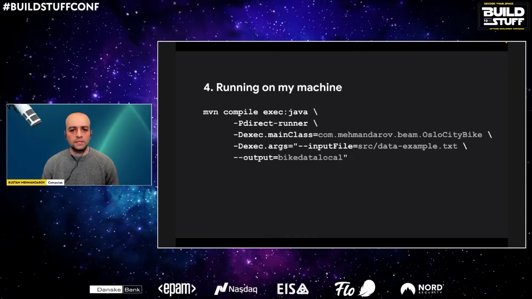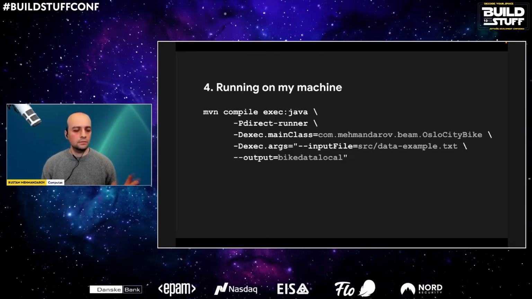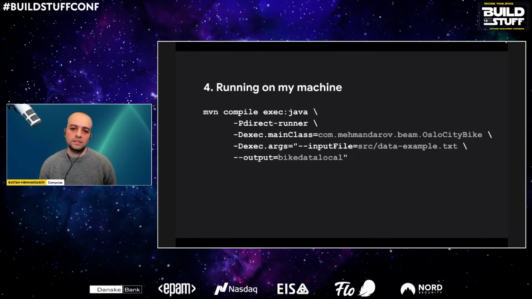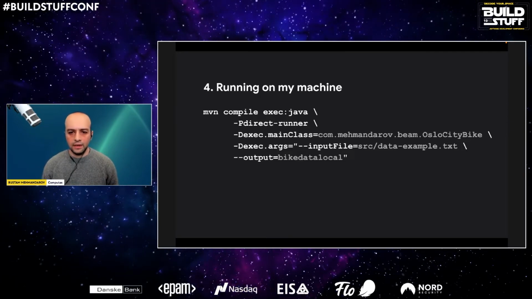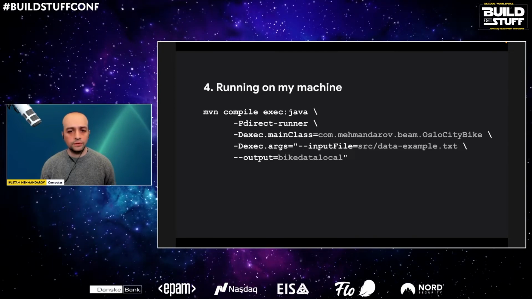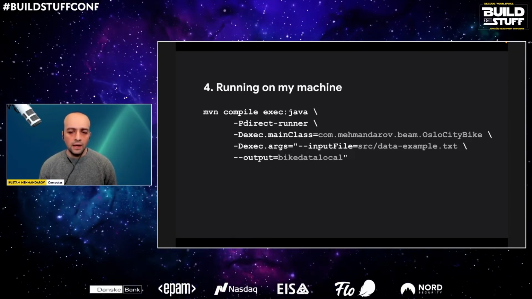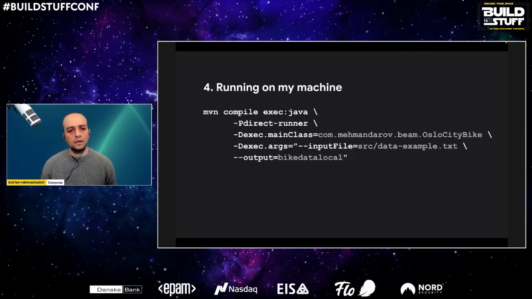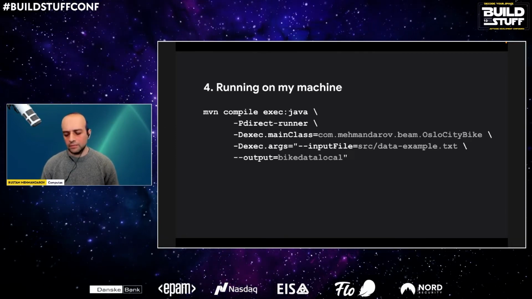So here we're saying we're going to run it locally, so we need the wheels that can run locally. Then you provide the entry point for your program, the main class, and then where the input files might be if it's not provided as a default argument. But in this case, I wanted to provide that manually. And then you also provide where it's going to be stored and what it's going to be called.